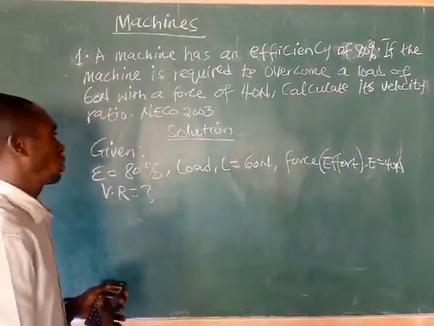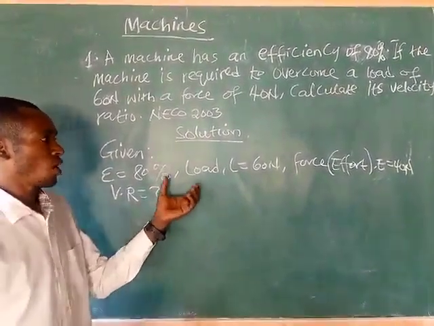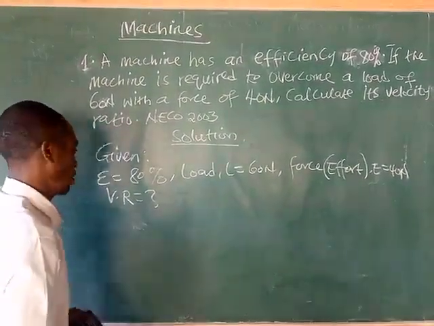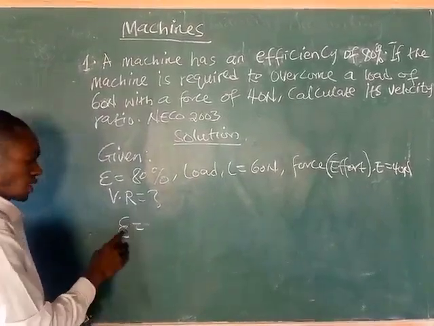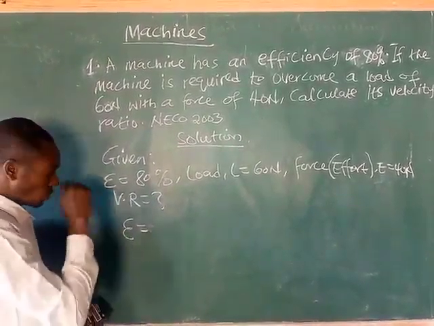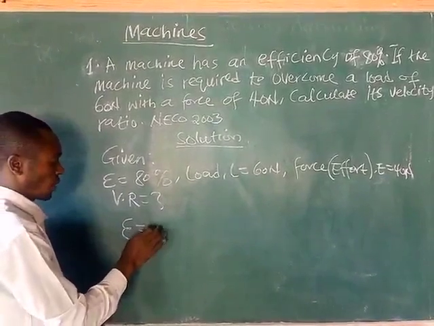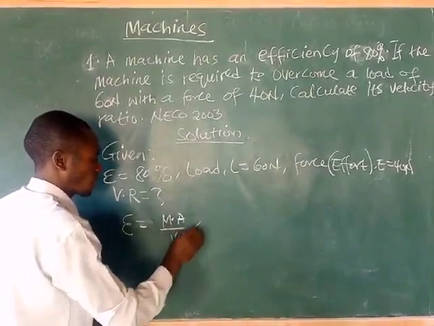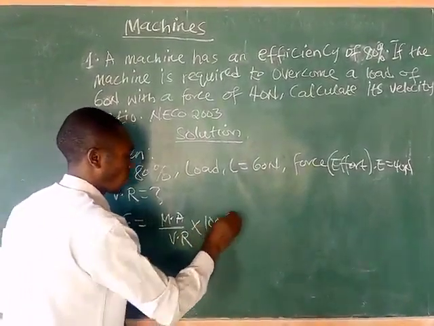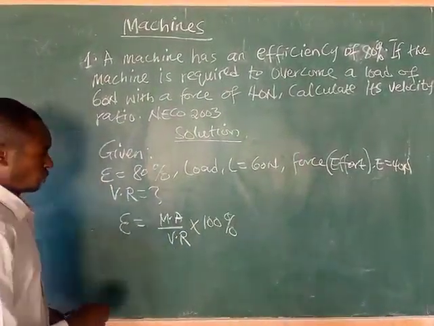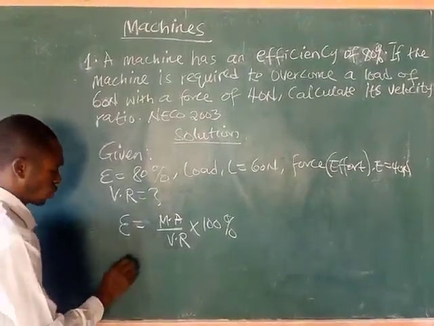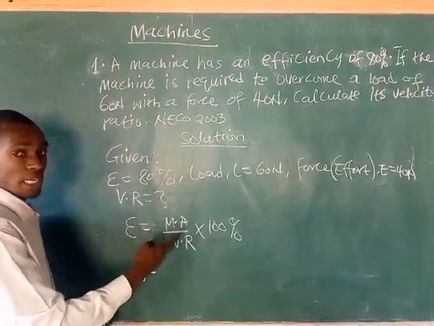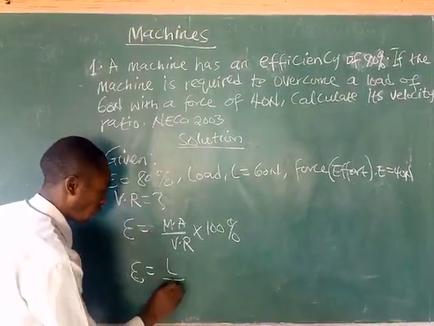Now there's a relationship between efficiency, load, and effort. That relationship is given as efficiency equals MA over VR times 100%. Mechanical advantage is load over effort.